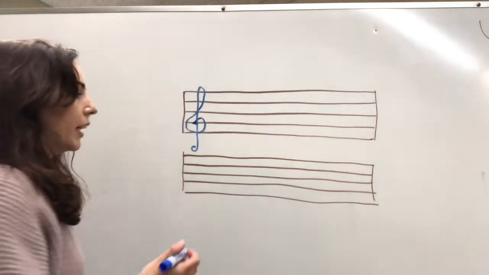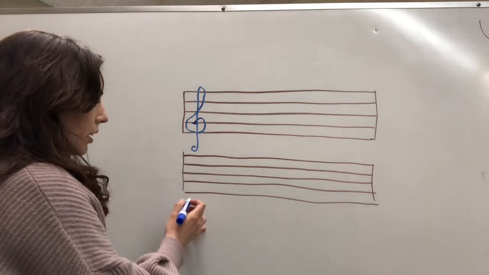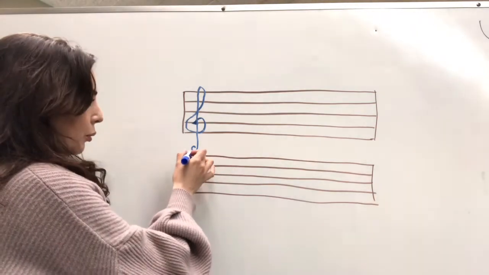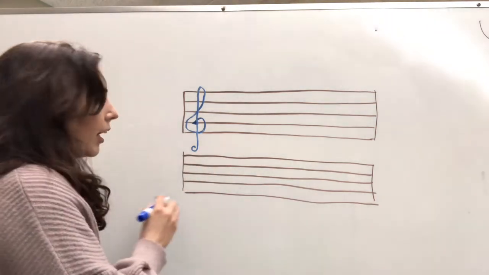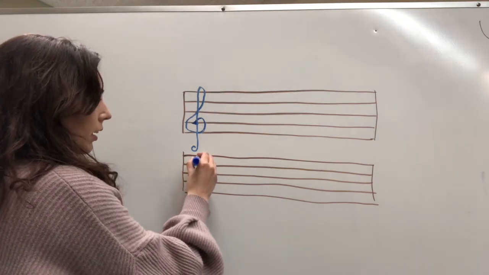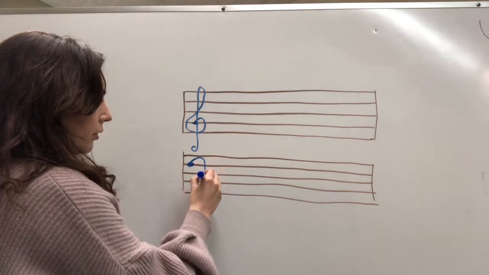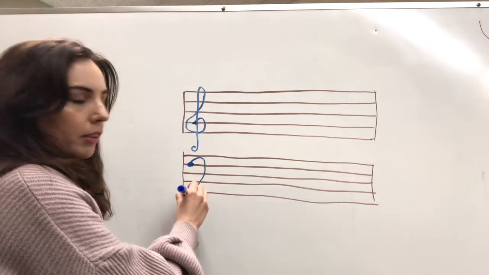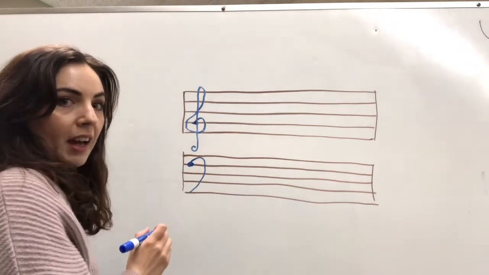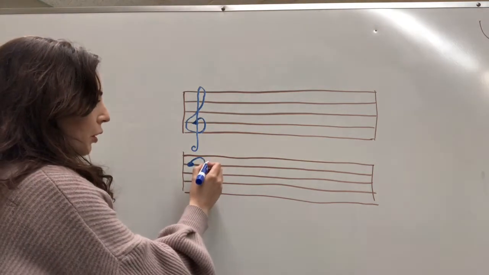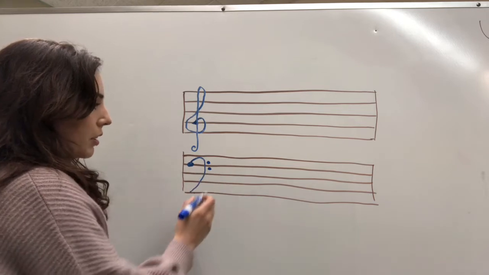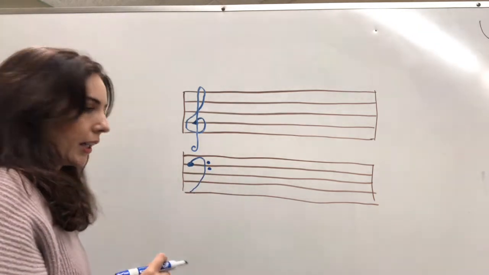And our bass clef starts on the great big ducks fly away. So on the F line, we're going to put our dot here to start. And then this one's a little easier. We just kind of hook and go down around. And then, because this is also called an F clef, and we start on F, we're going to put these 2 little dots on either side of that F line.